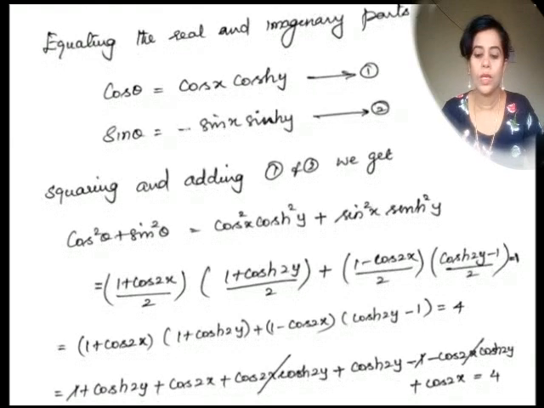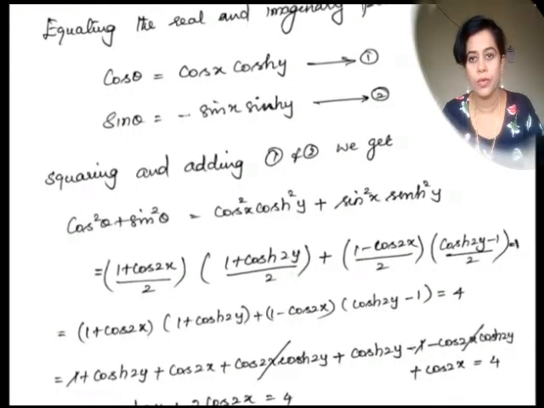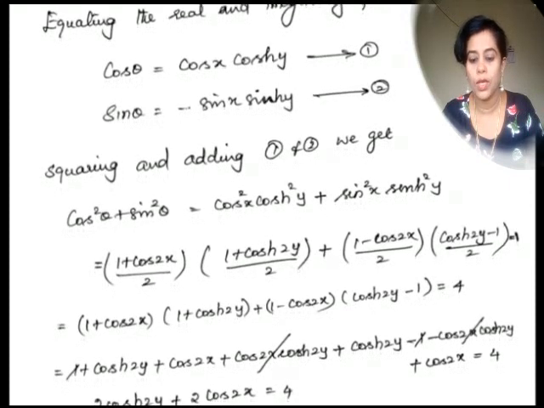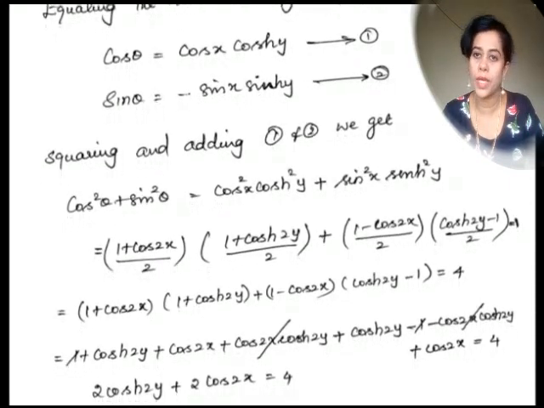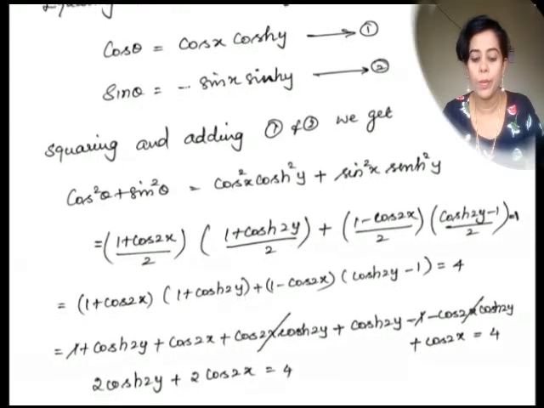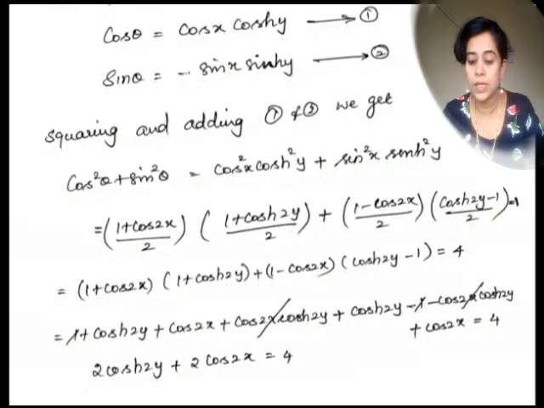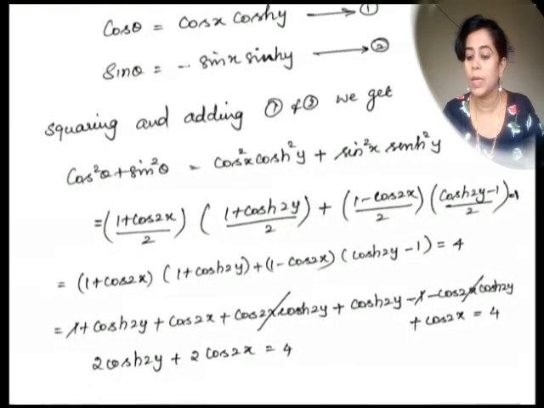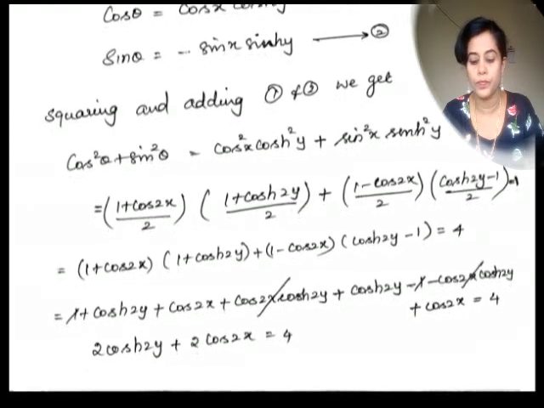Now we have two terms, both with denominator 2 and 2, so it is 4. We'll take 4 as common and take it to the right hand side. That will be 1 plus cos 2x into 1 plus cosh 2y plus 1 minus cos 2x into cosh 2y minus 1 equal to 4.